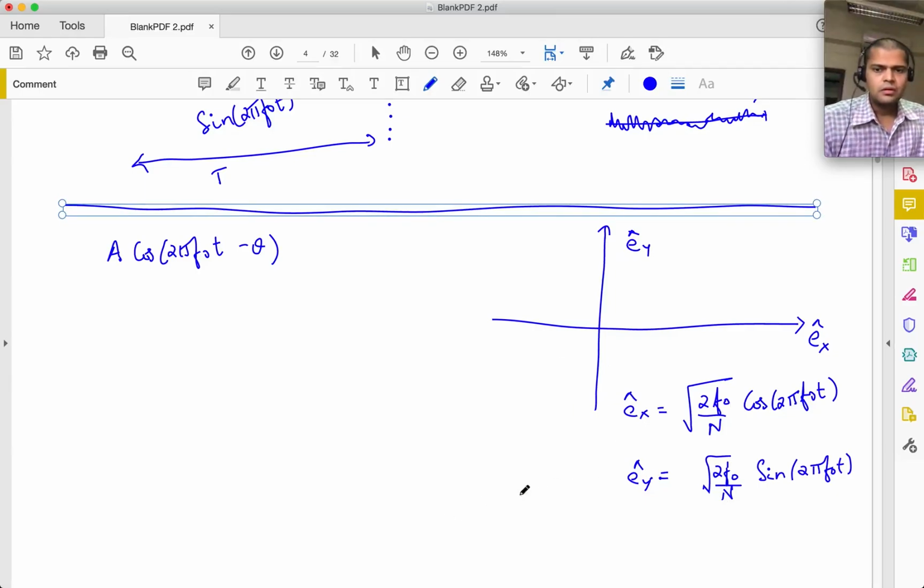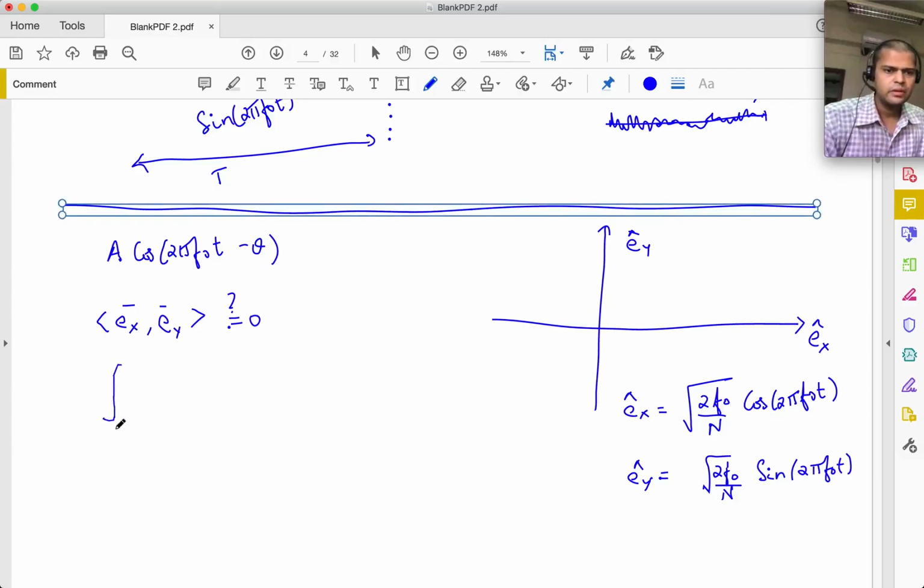So is it true that if you take the dot product of Ex and Ey, this is really 0? Let's think about it. We have to integrate from 0 to t, where t is n divided by f0, the product of these two functions.